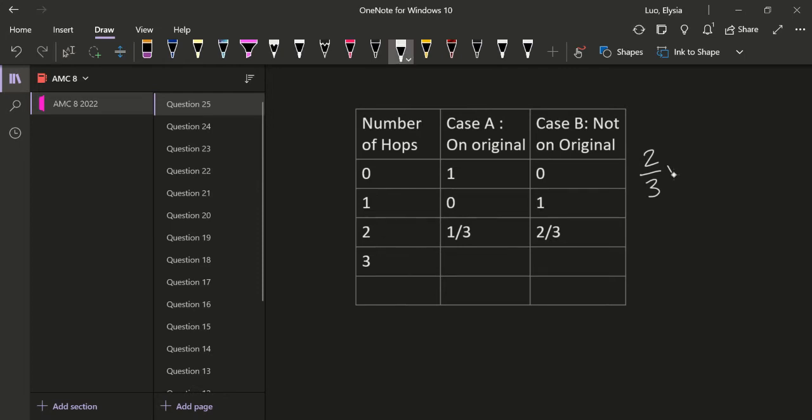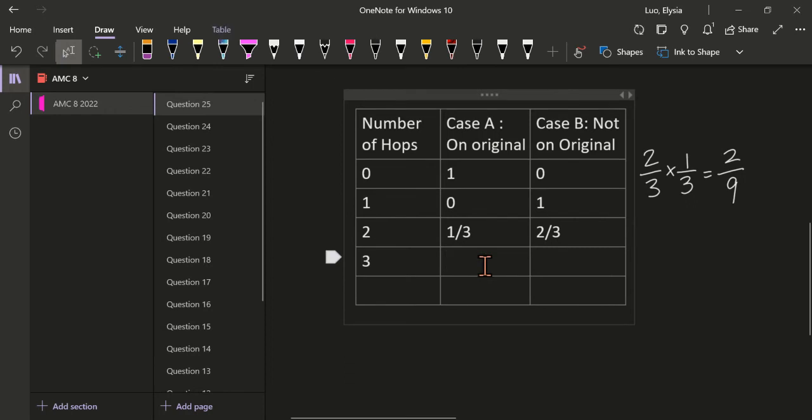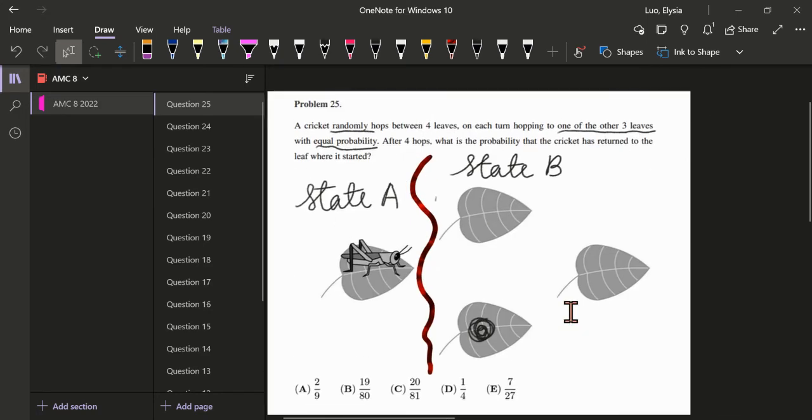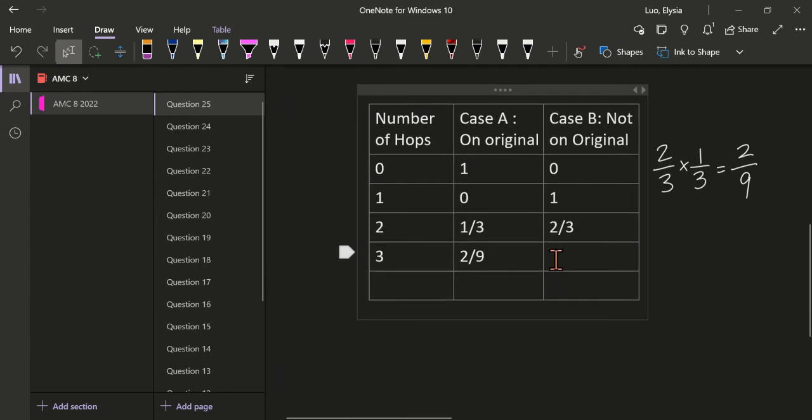So you would do 2/3 times 1/3, and that would get you a probability of 2/9. Now, just with probability in mind, to find out for case B, you would just do 1 minus 2/9. So, which is 7/9.